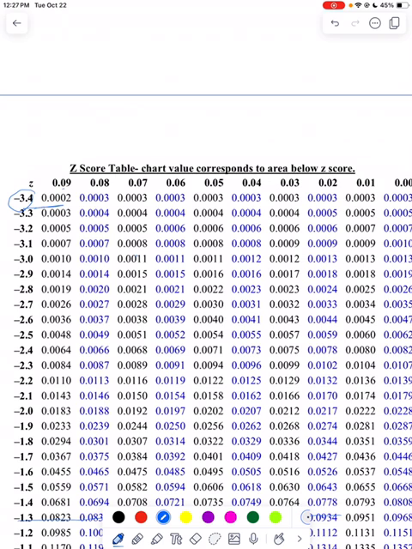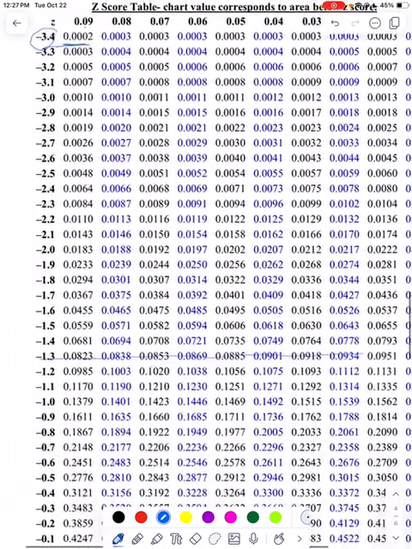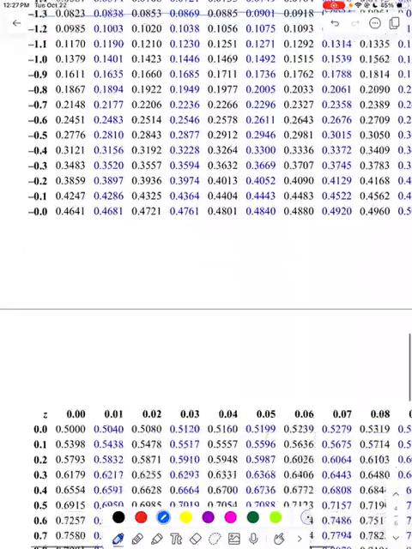Now at negative 3.49, our probability, or the area to the left, is 0.0002. So the probability, or the area to the left of negative 4.01, we can say is approximately 0. In the same way, let's look at the biggest number on the positive side.